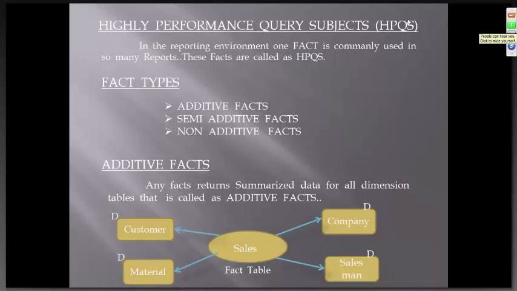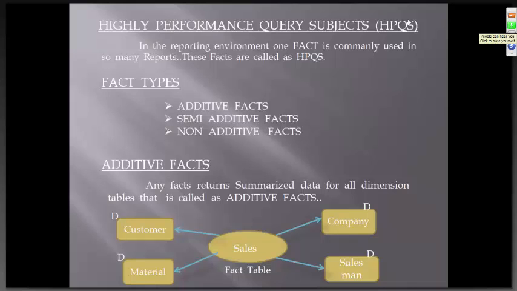These fact columns, based on retrieving the summarized information through these fact columns, we can classify into 3 different types. One is additive fact, second one semi-additive fact, and third one non-additive fact. So what is additive fact first of all? In a schema, we have one fact table and a number of dimension tables.